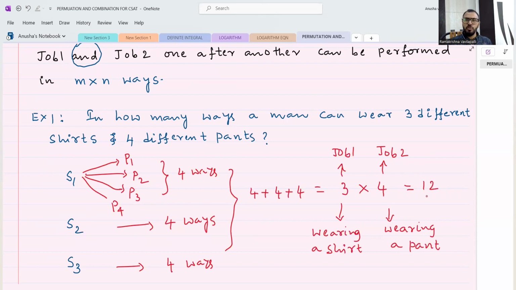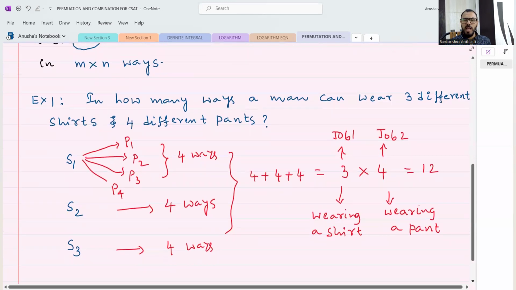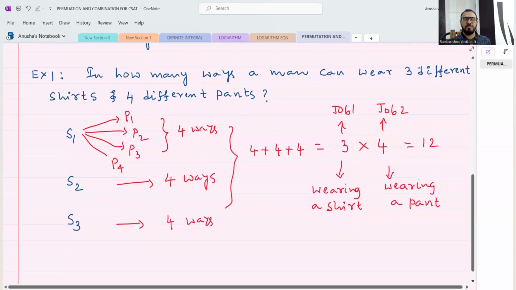You can extend this rule up to any finite number of jobs. You can choose 3 events or 3 jobs, 4 jobs, 5 jobs, one after another, and they can be done in the multiplication of those numbers. I will give you another question, a CSAT 2022 question.